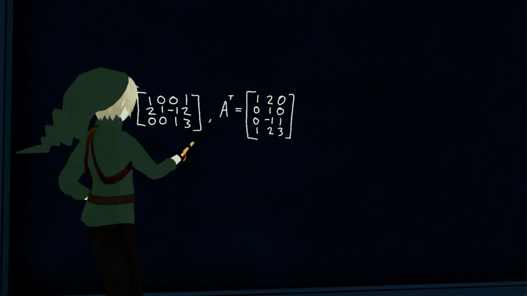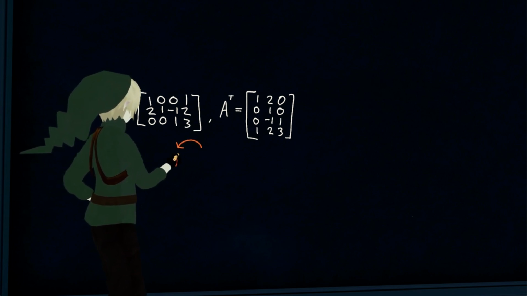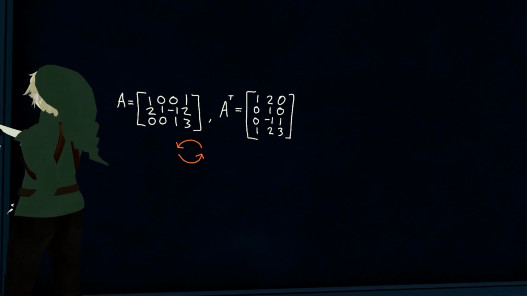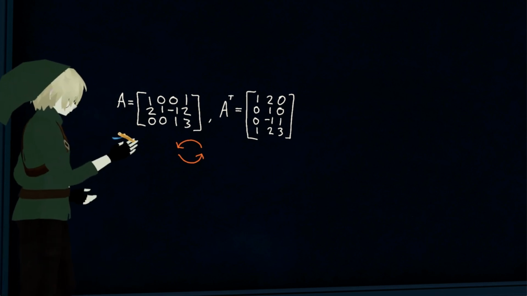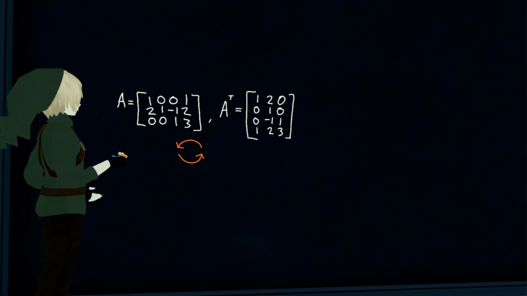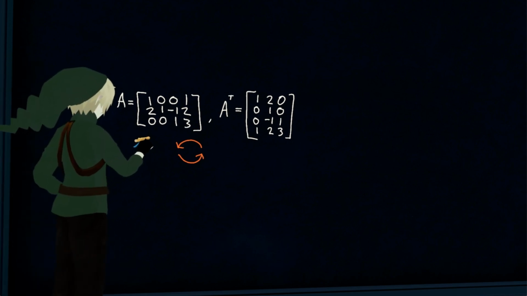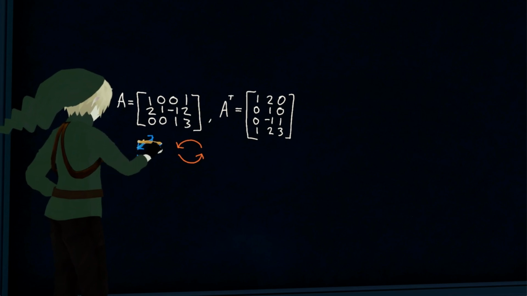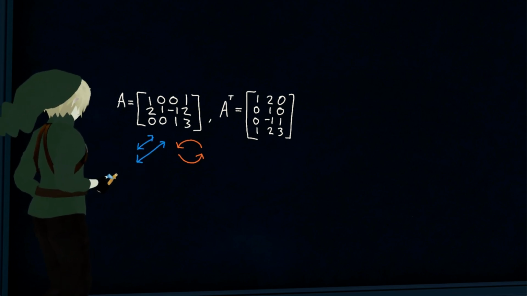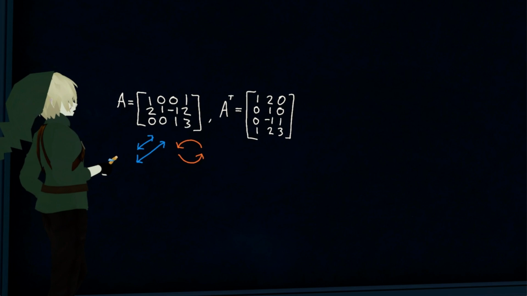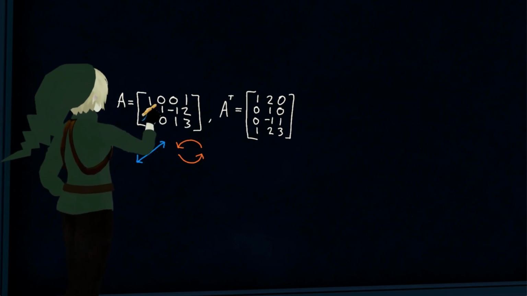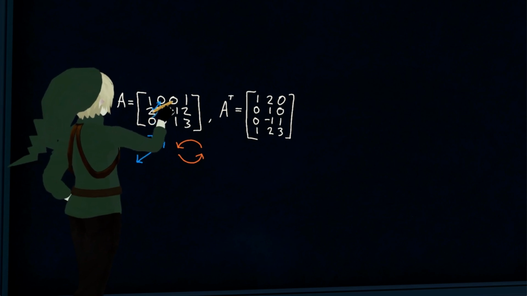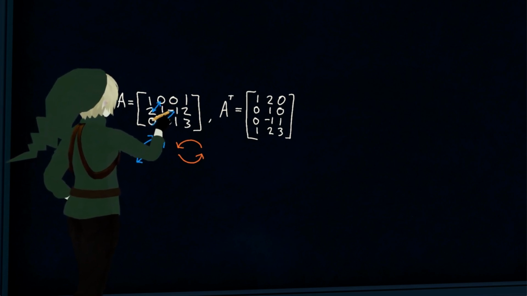Red means wrong. We did not rotate this. What we're doing is we are swapping rows and columns. We're swapping entries.